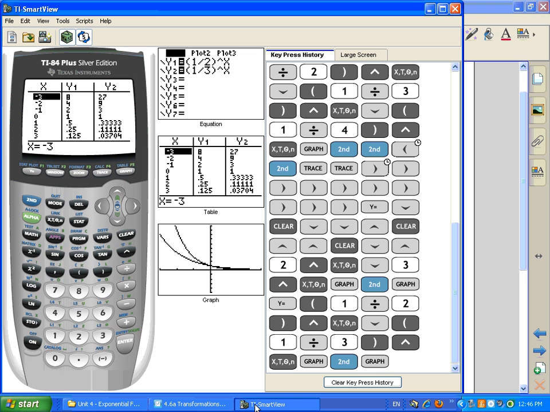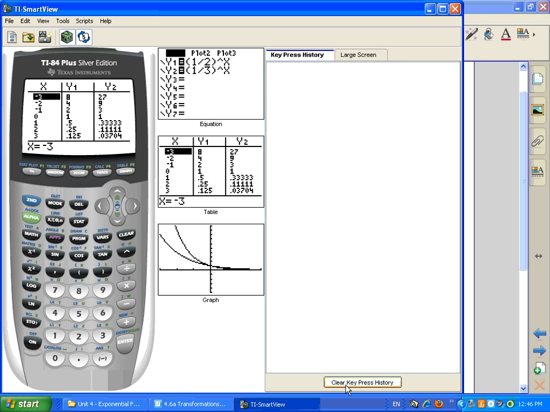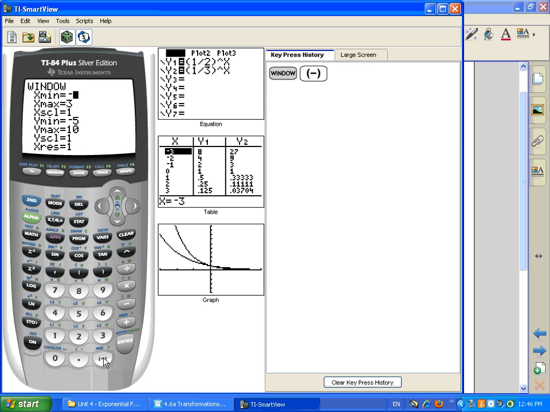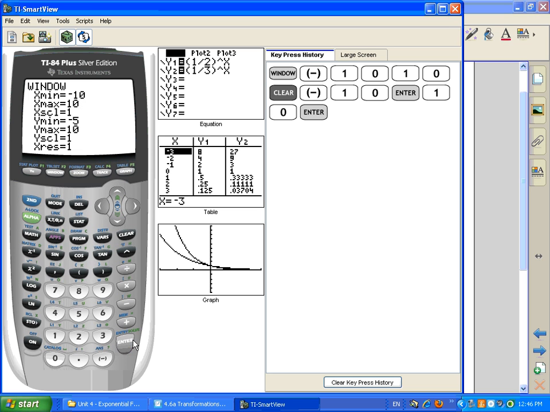First thing we need to do is change our window. I'll just clear this out. They say to go to negative 10 to 10, then to 1, then negative 100 to 100.